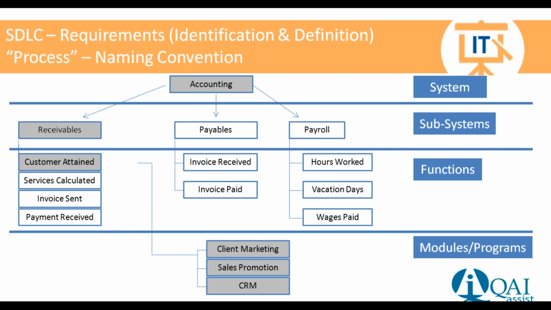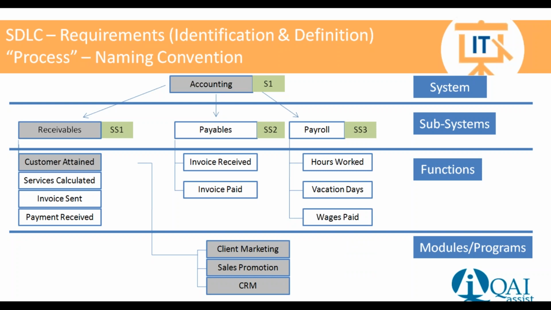So now that we've talked about the structure, we can use this structure to apply a naming convention, because it's going to help us as we reference going through the development and the testing. So at the top end, we're going to call something S1. And we're going to have subsystems. And we can start them with SS1 and 2 and 3.